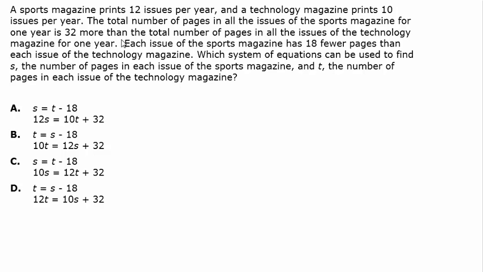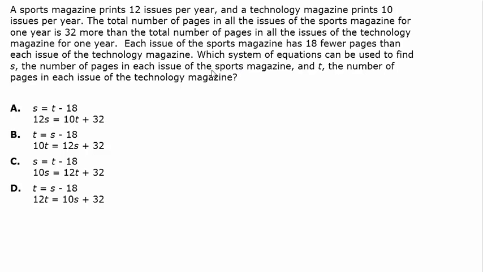So I'm just getting a feel for what's going on as I'm reading through this, digesting the information. It looks like the sports magazine has more pages than the technology magazine. Each issue of the sports magazine has 18 fewer pages than each issue of the technology. So that kind of repeats that information a little bit, but a little bit different. 18 fewer pages in the sports than the technology.